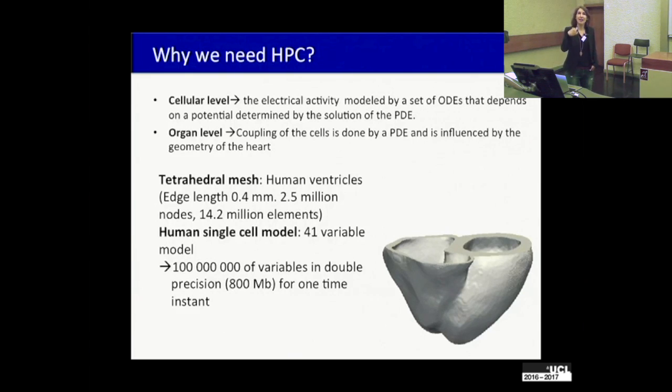So then a cell model is in each of these nodes, and it also contains 14.2 million elements. If we are using the latest human single cell model, that is the O'Hara-Rudy model, it contains 40 variables. That means that we are dealing with about 100 million variables, that in double precision is 800 megabytes for one time instant.